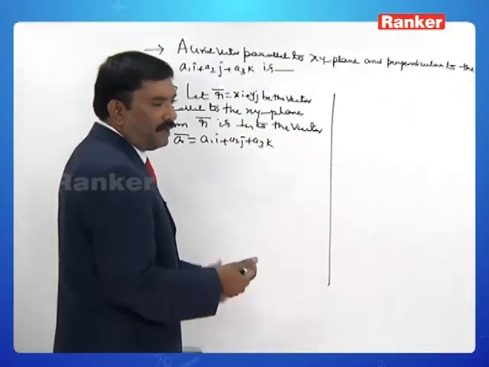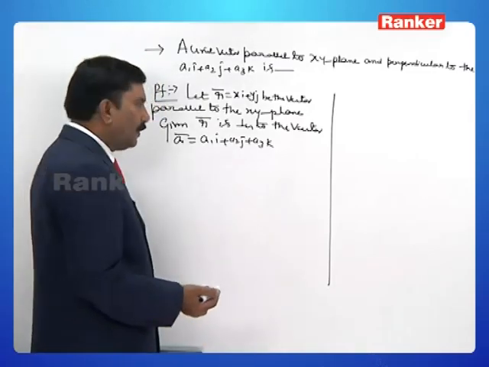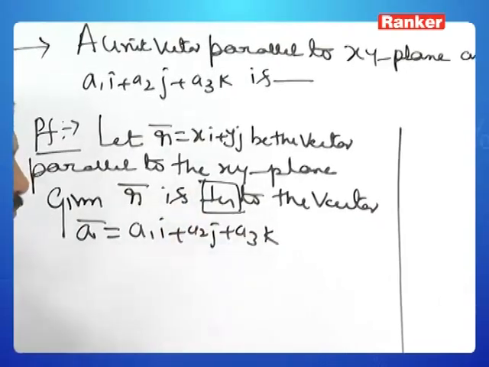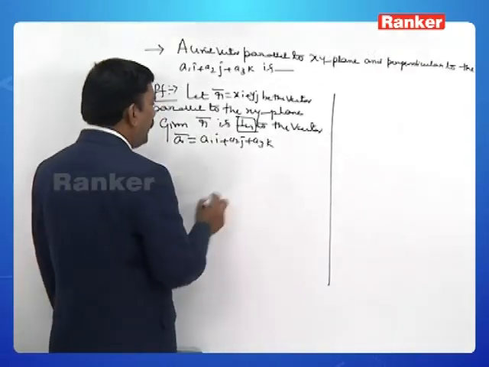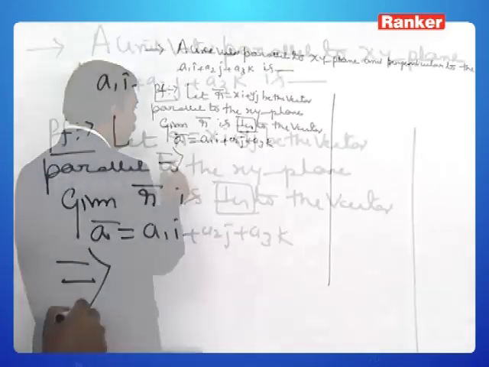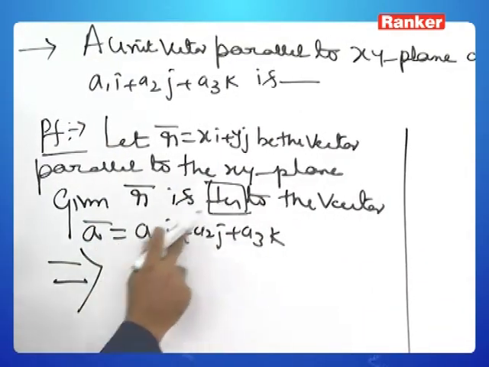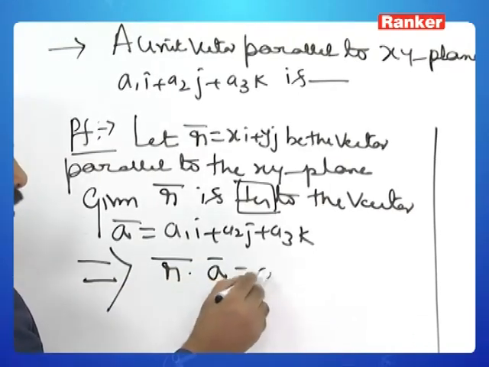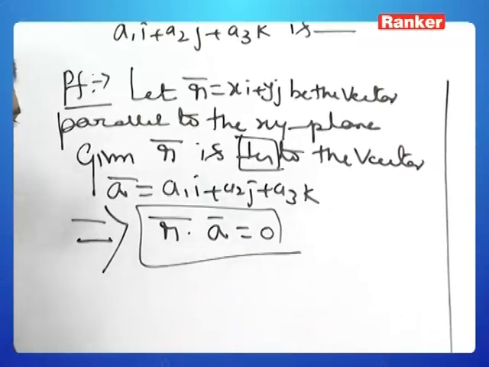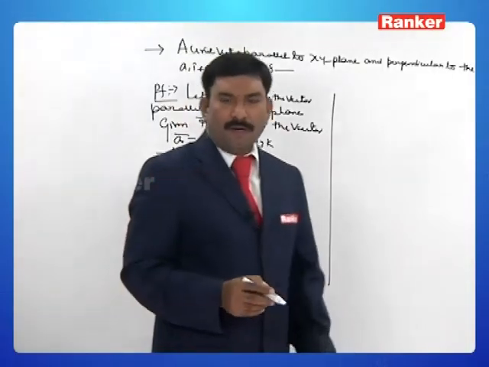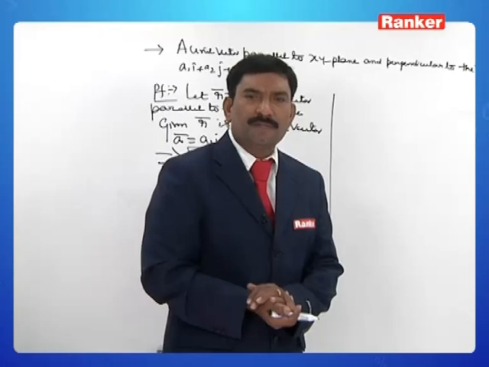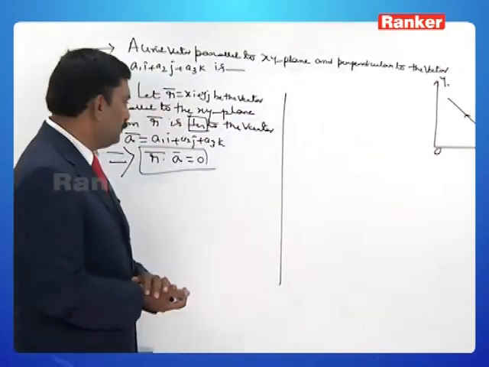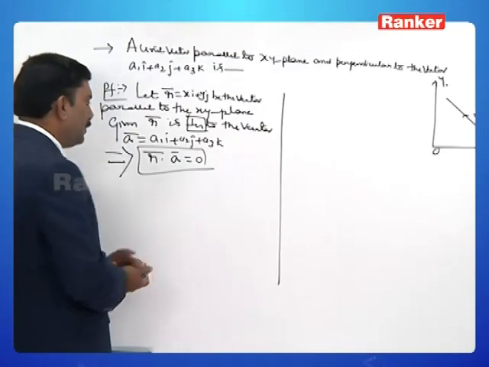He has not given a bar; I considered it. Now perpendicular means, when any two vectors are said to be perpendicular, r bar dot a bar is equal to 0.